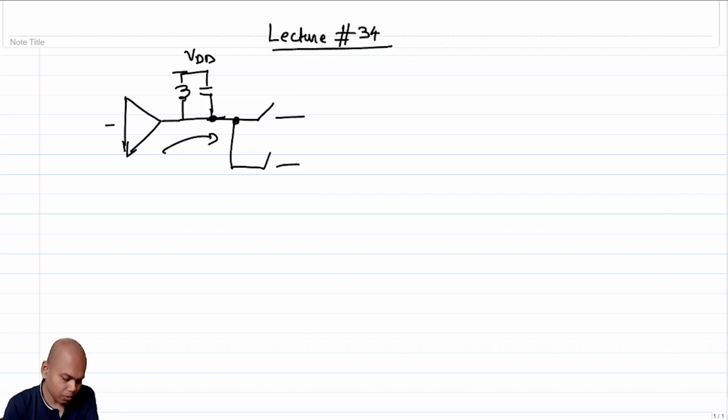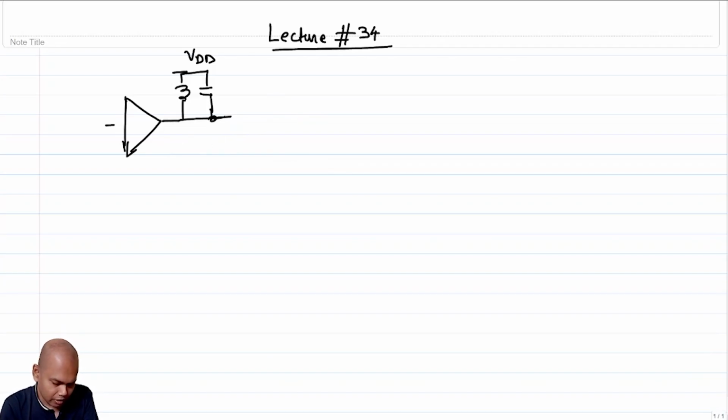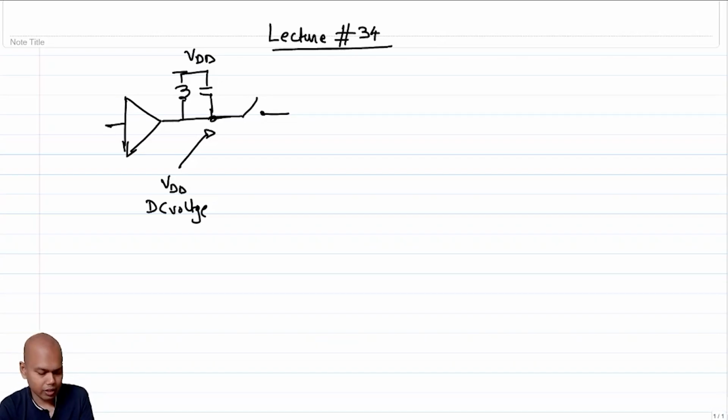So what we can do is to understand the fact that the DC voltage, or the quiescent voltage, at this node is VDD, and we have to put a switch, right?